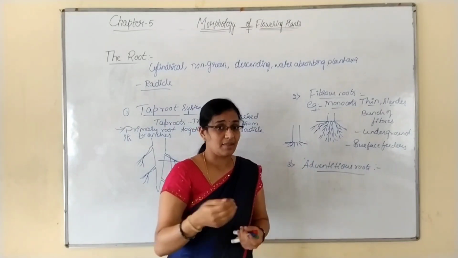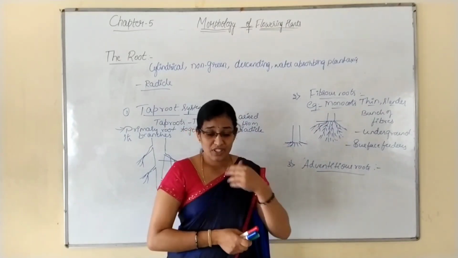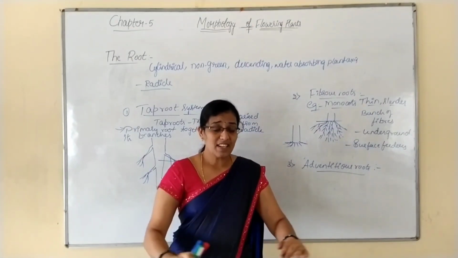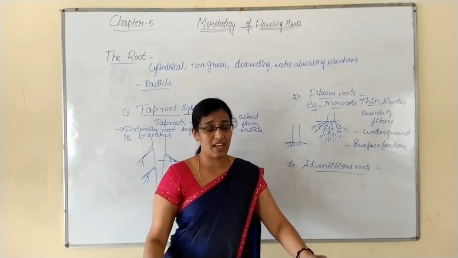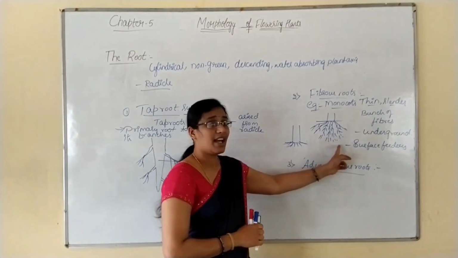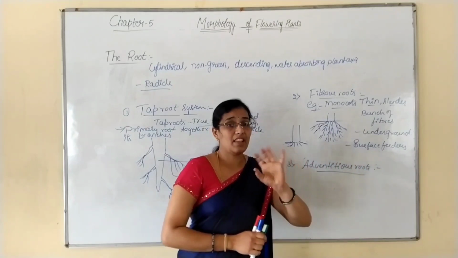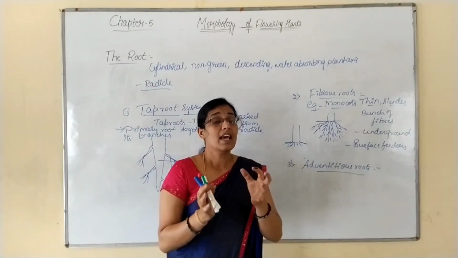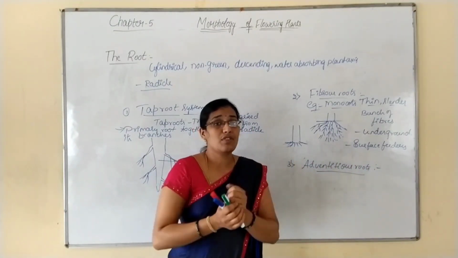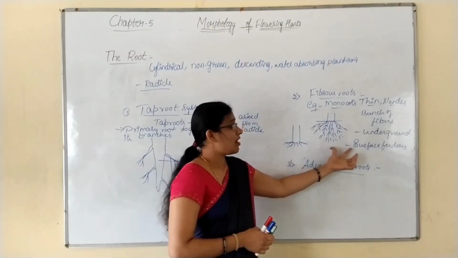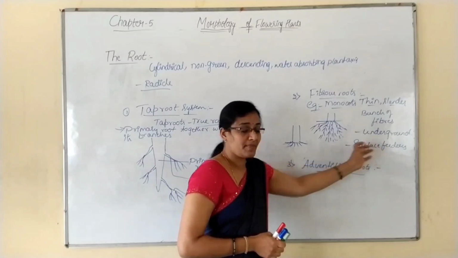Those roots which do not penetrate deep inside the soil, but are present near the surface of the soil, are called surface feeders. They are not binding the soil particles that much, so they do not hold strongly, and it is easy to uproot. So those are called surface feeders.